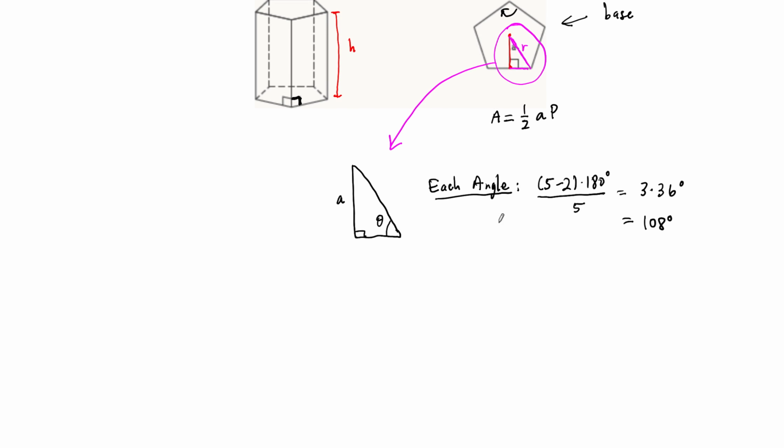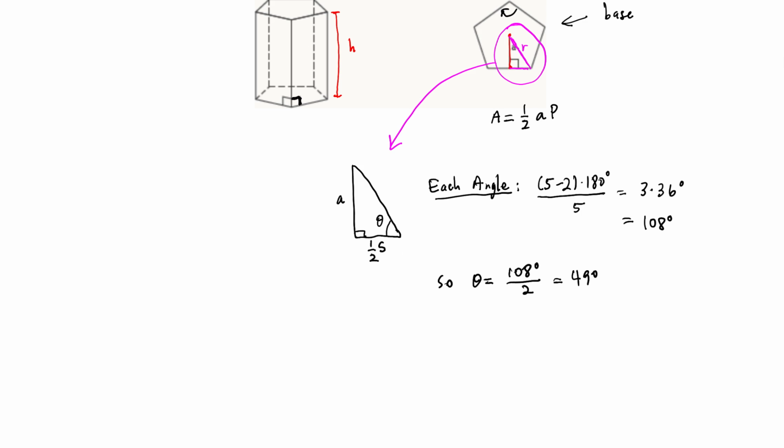And now, we want to know what our angle theta is. Because this is a regular pentagon, the radius bisects the angle. So theta must equal half of 108 degrees, and so that's going to be 54 degrees. So this angle right here is 54 degrees. That means that our side length over here is really 1/2 of the side length of our pentagon.